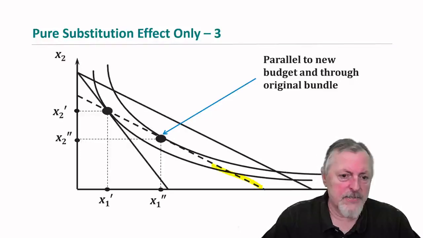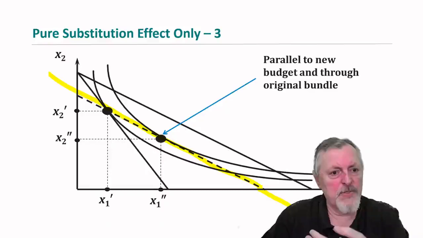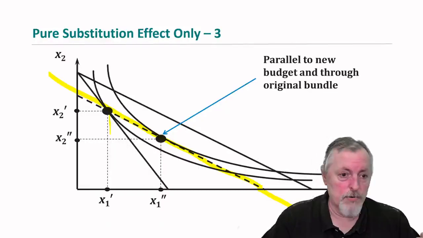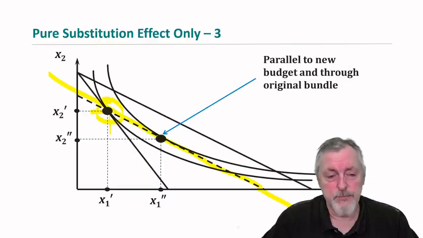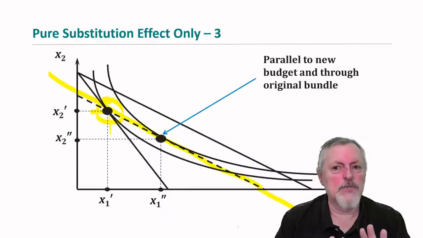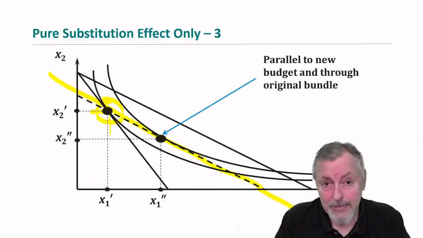Now, let's say you're at this new imaginary budget line where you have the new prices but the old purchasing power. You can just barely afford the old consumption bundle. Well, just because the relative prices have changed, without any income effect, you're still going to reallocate.